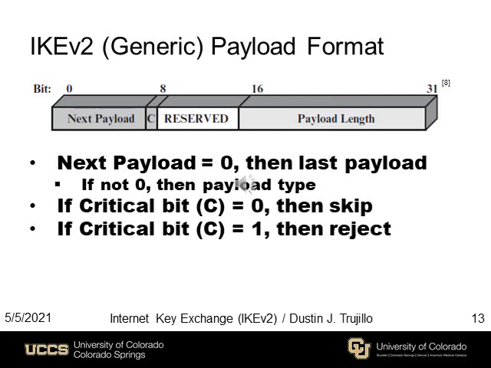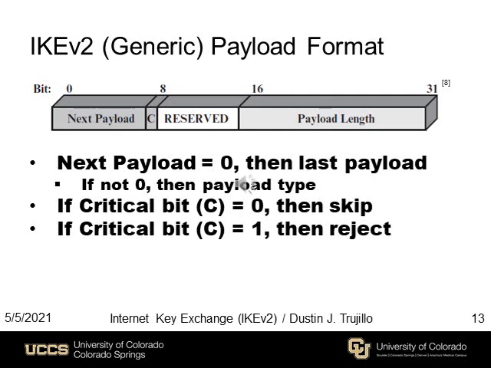The next payload field has a value of 0 if this is the last payload in the message, as you can see on these bullet points here. Otherwise, its value is the type of the next payload. The payload length field then indicates the length in octets of this payload, which includes the generic payload header.